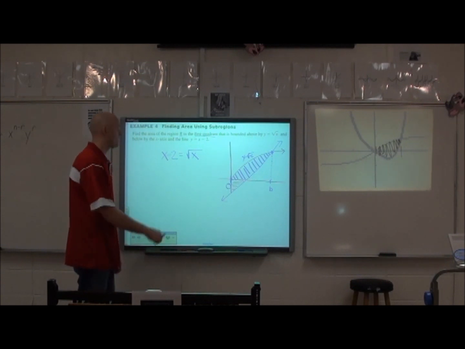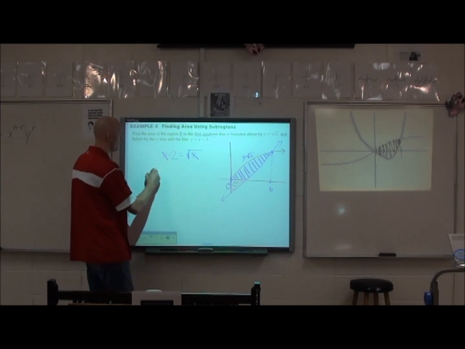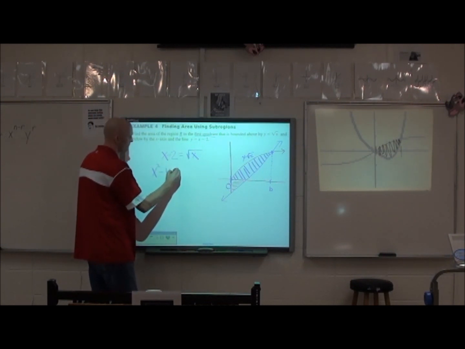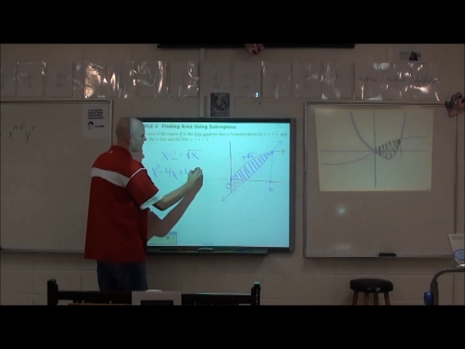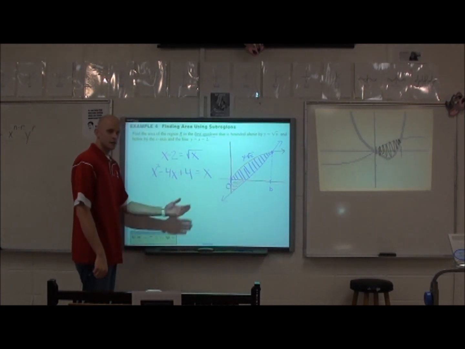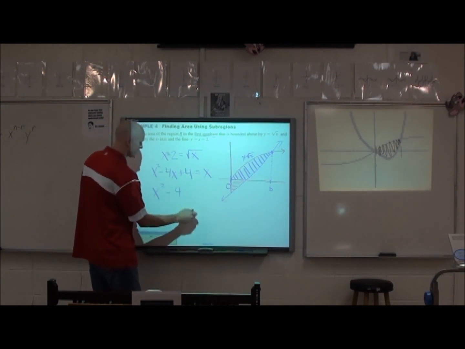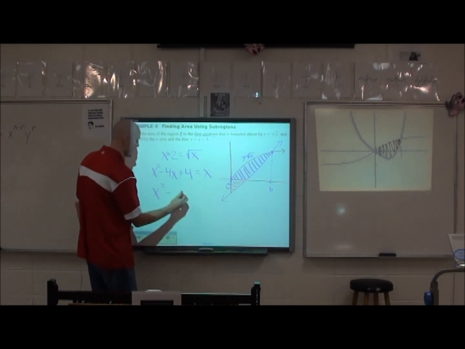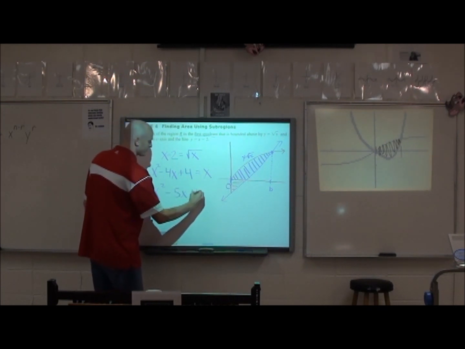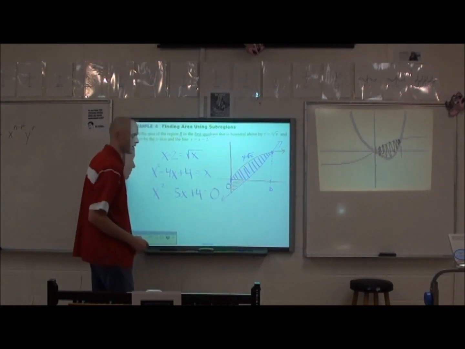We need to solve that thing, so I can square both sides. That would be x squared minus 4x plus 4 equals x. Subtract an x. X squared minus 5x plus 4 equals 0.